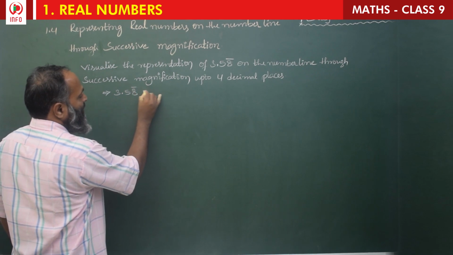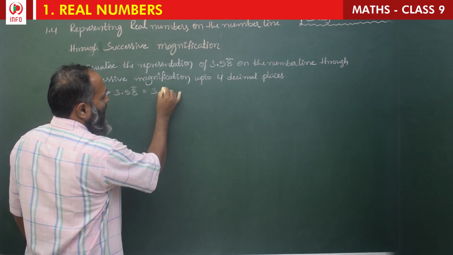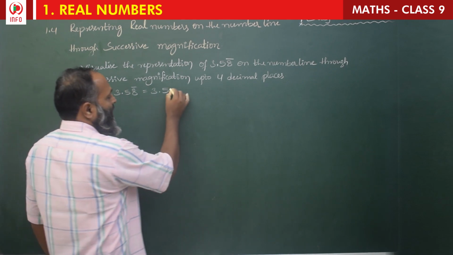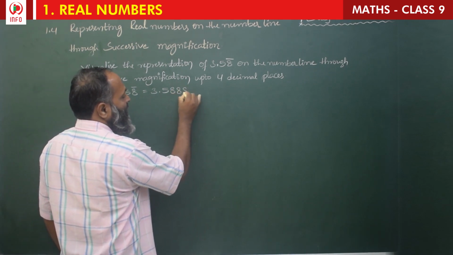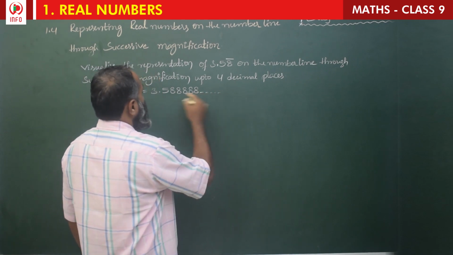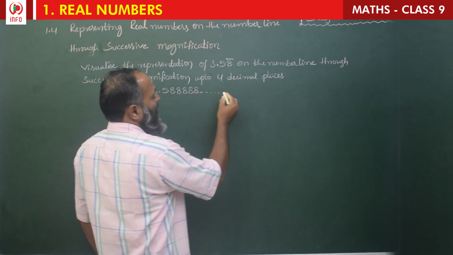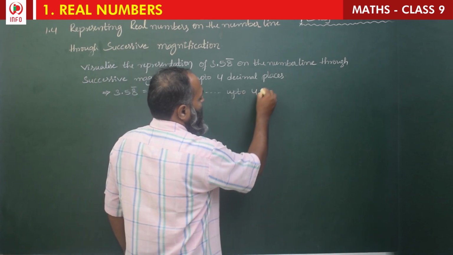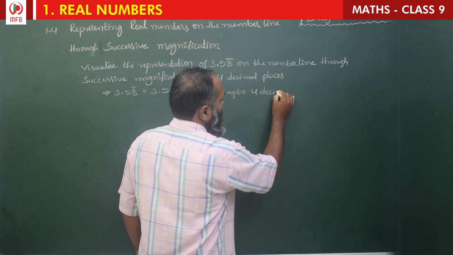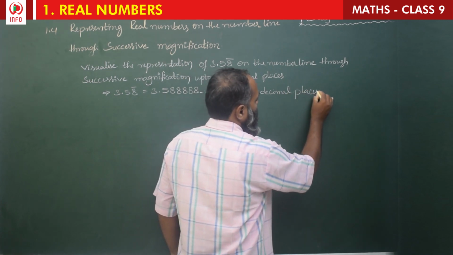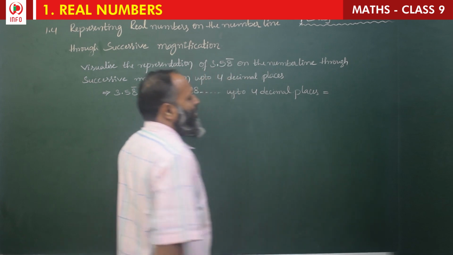It means 3.5, and the bar is on 8, so 8 repeats infinite times: 8, 8, 8, 8, 8, and so on. So 3.588888 up to infinite times, and we need 4 decimal places.